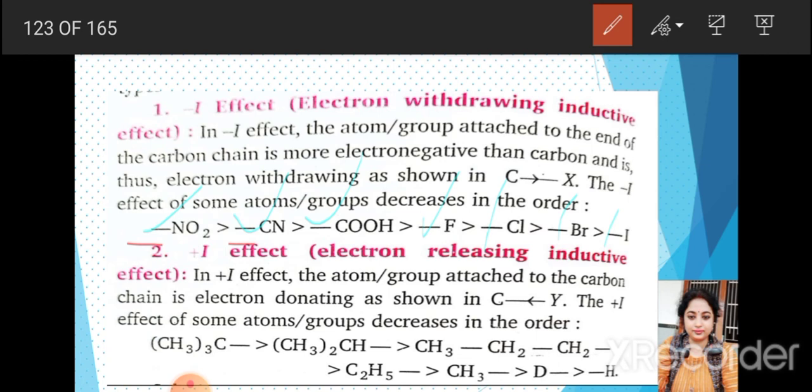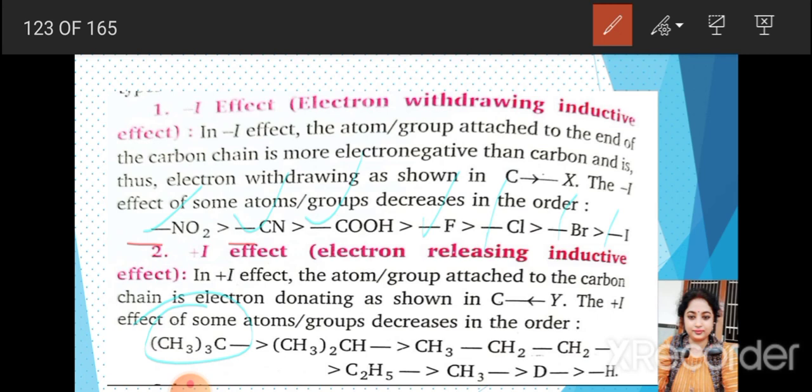Now see plus I effect. It is an electron releasing effect, meaning the group or atom attached to carbon is less electronegative, so it will donate its electron to carbon. So here the order is given. Methyl group, we will find how methyl group attached to carbon behaves, and it will be more clear when we go to the reactions.